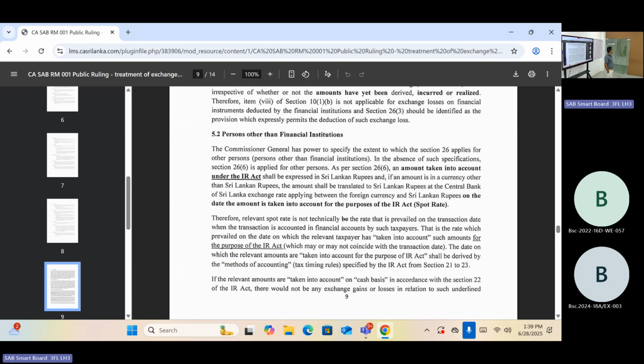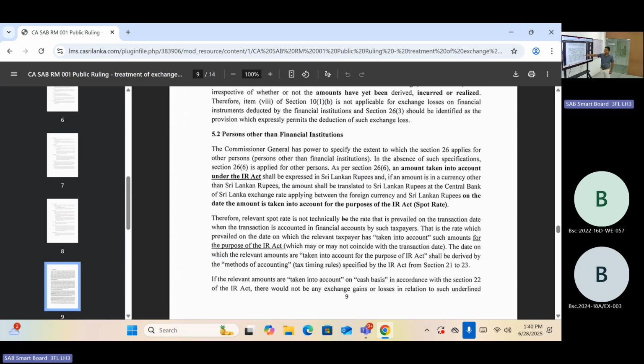It says, for the purpose of tax computation, the exchange rate on the date the transaction is recorded should be considered. In the ruling, it says the spot rate needs to be applied, and the financial statement or the transaction should be converted to LKR. And thereafter, tax needs to be worked out, right?